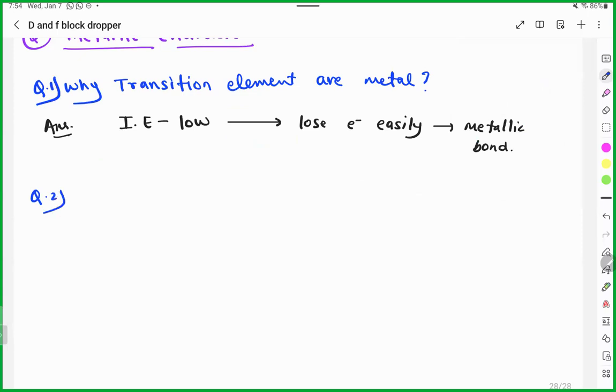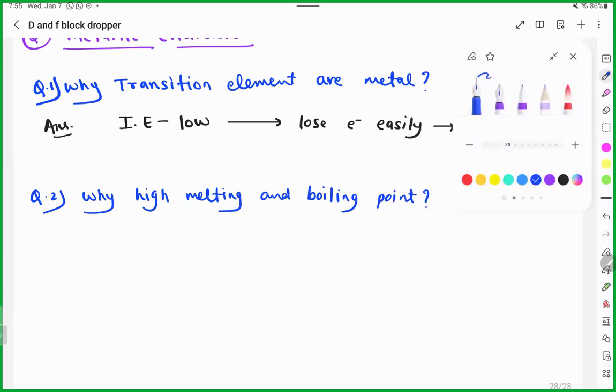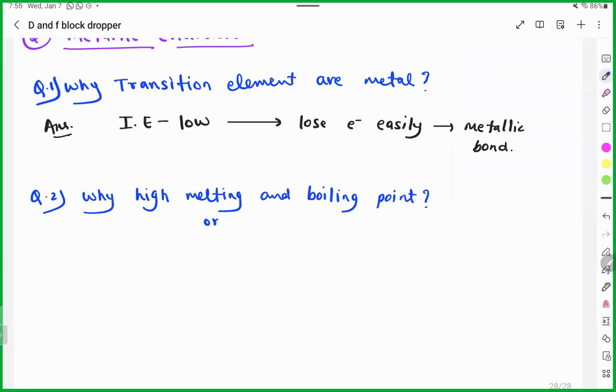Why do transition elements have high melting point and boiling point? Because of their bonding. Which bonding? The same question can be asked in a different form: why do they have high enthalpy of atomization?